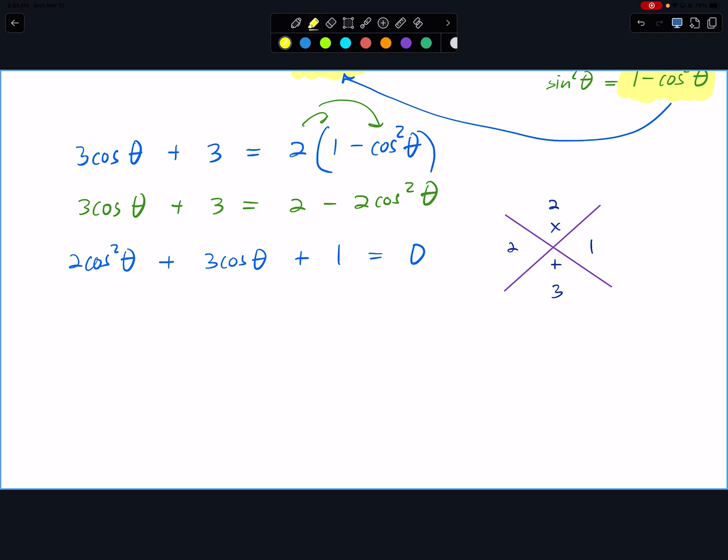So I'm going to break this up using these numbers. So I'm going to get 2 cosine squared theta plus 2 cosine theta plus 1 cosine theta plus 1 is equal to 0.